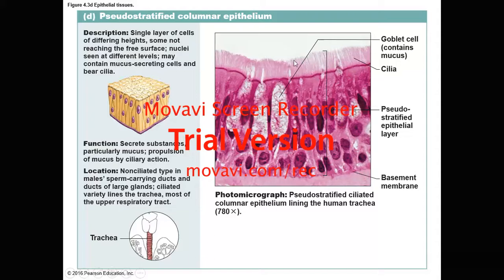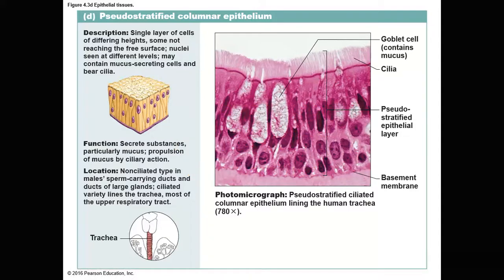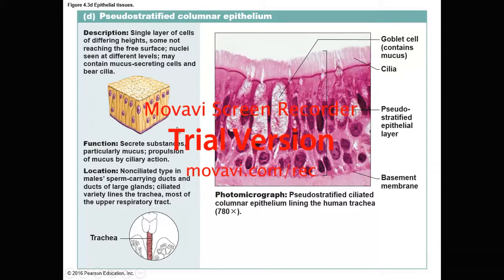All right, so you see the cilia. You see cilia, you know you're dealing with the top, the apical surface. All right, then the goblet cells are easy to identify. So their function is going to be to secrete substances, particularly mucus.